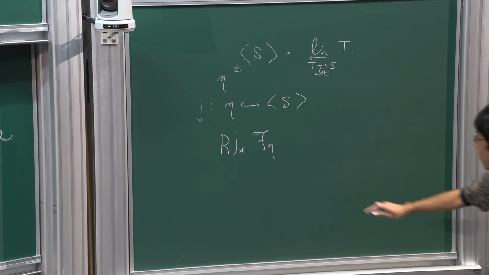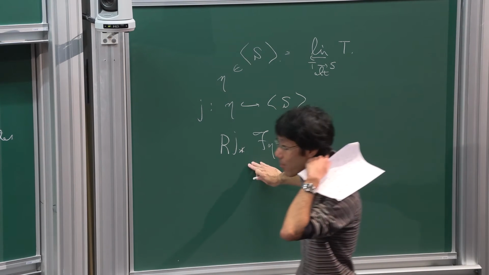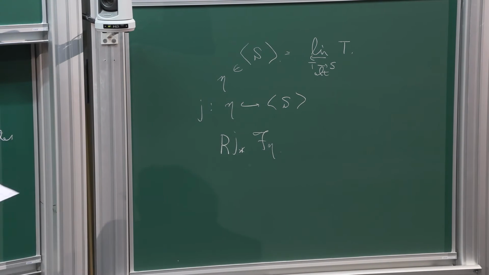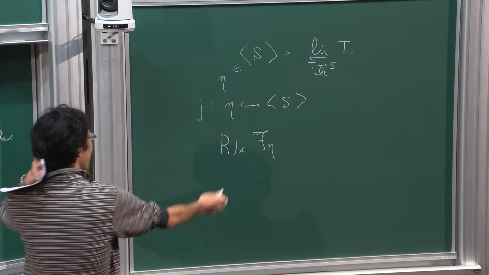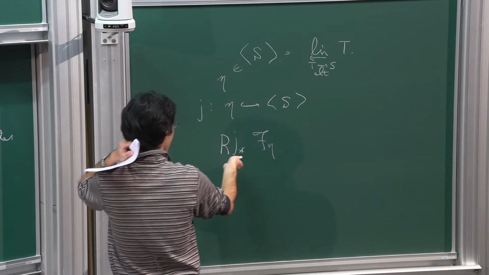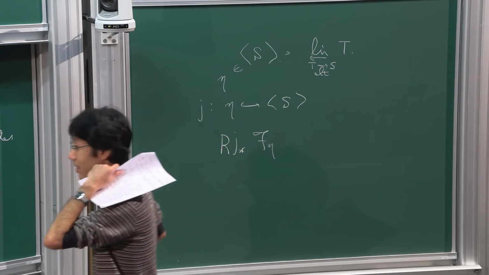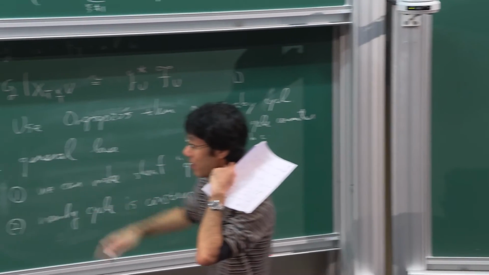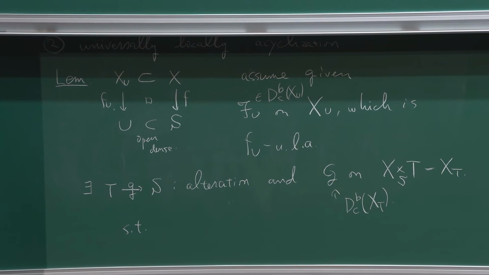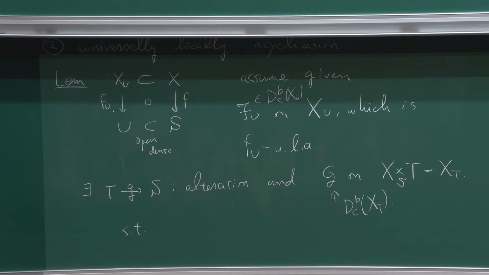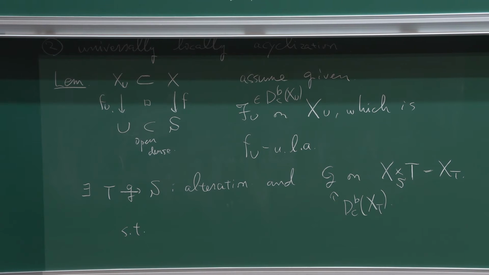This has to be the universally locally acyclic sheaf that I want to find, at least over this ideal space. Then in order to go back to the normal finite type world, I use this constructibility to descend. That's the idea.